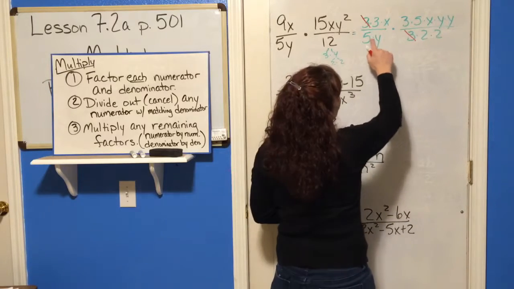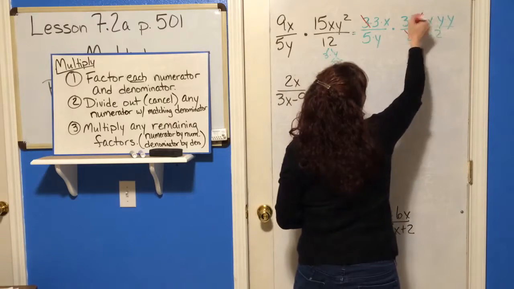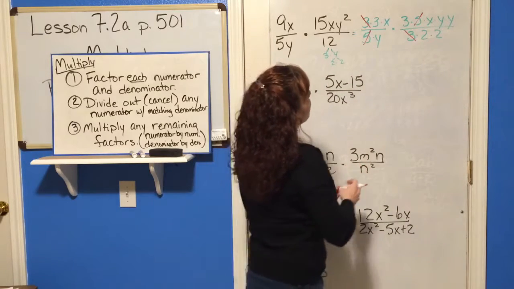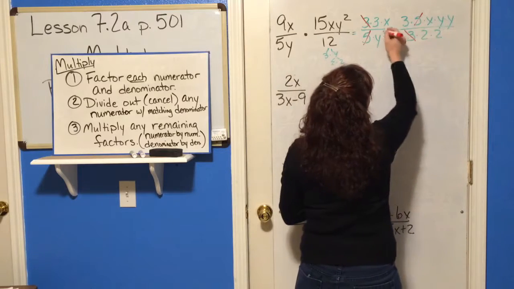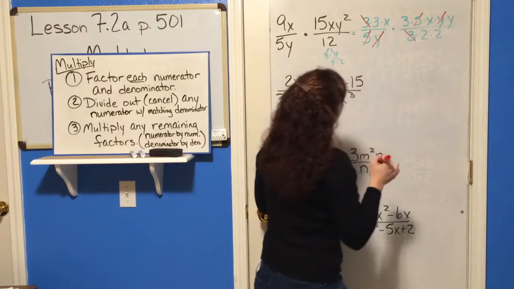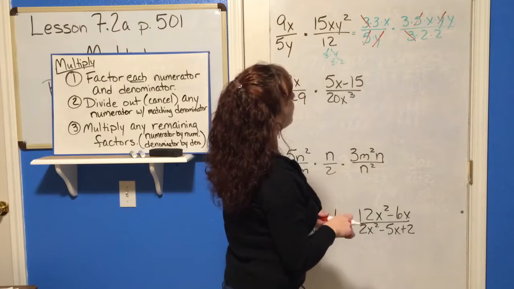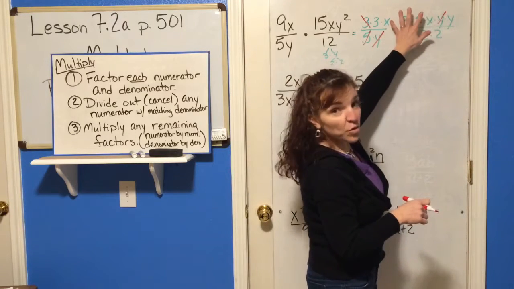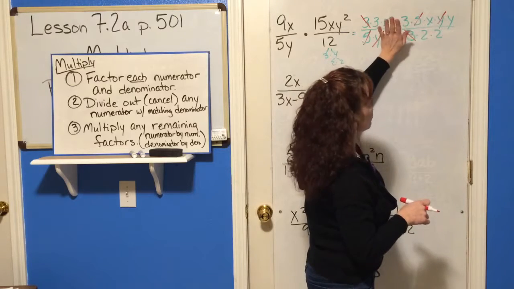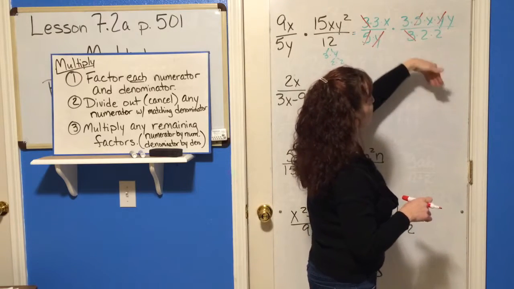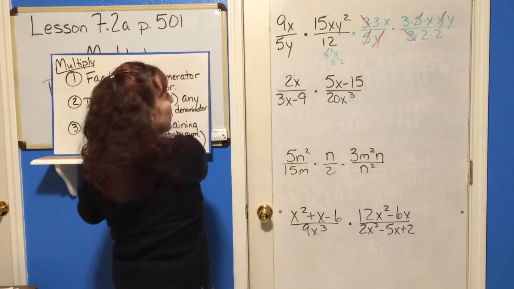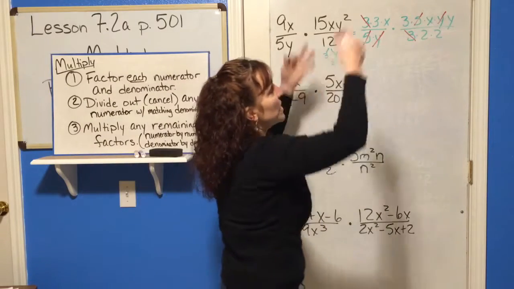And I've got a 5 here and a 5 here, so those will cancel out. And let's see, I've got a y and a y way over here. I've got x's the same, but they're both in the numerator. And 3 is the same, but they're both in the numerator. And 2 is the same, but they're both in the denominator. So that's all that I have that's the same on the top and bottom.